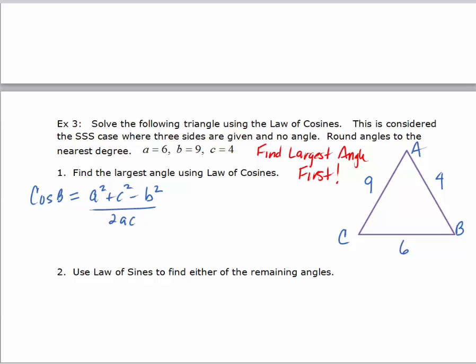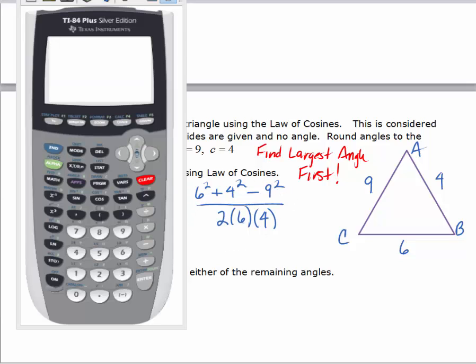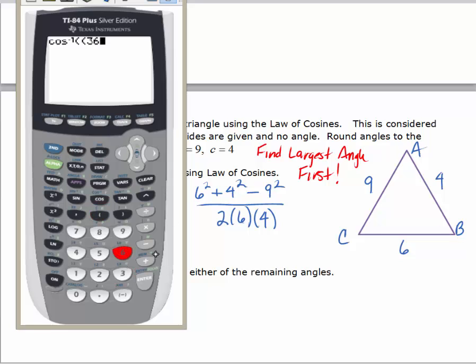So we'll fill in the values. Typing in the values here, I know that the cosine of B is equal to this expression. So let's enter this on our calculator. We want the inverse cosine. I need to open a set of parentheses for my numerator, which is 36 plus 16 minus 81.